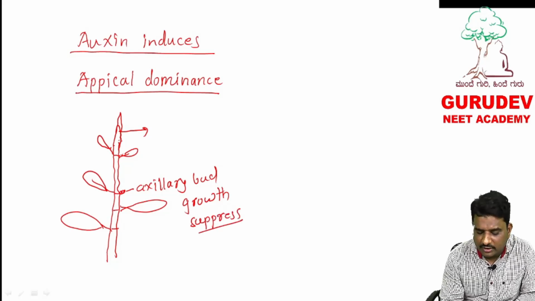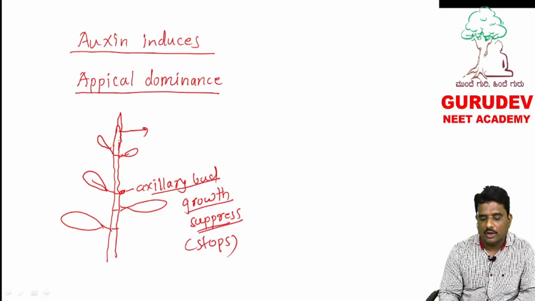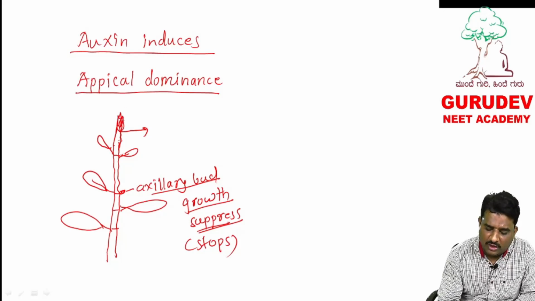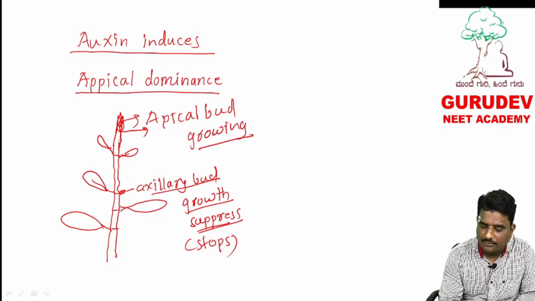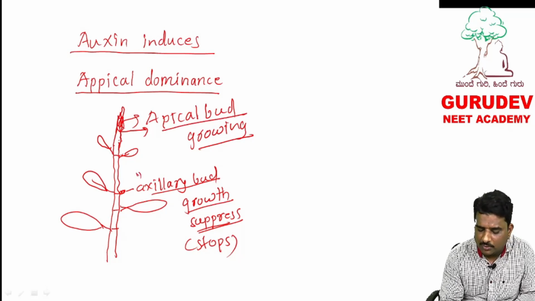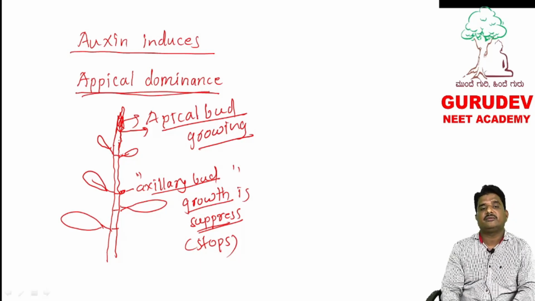This axillary bud is not giving branches; its growth is suppressed or stops, because the apical bud is dominant and growing. If the apical bud is growing and lateral bud growth is suppressed, then this phenomenon is called apical dominance.